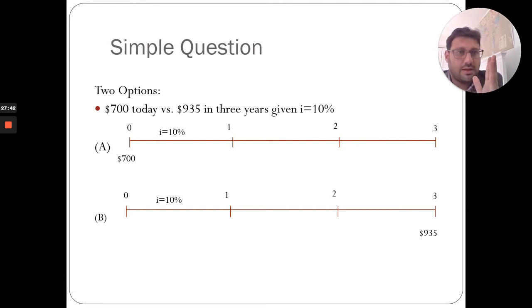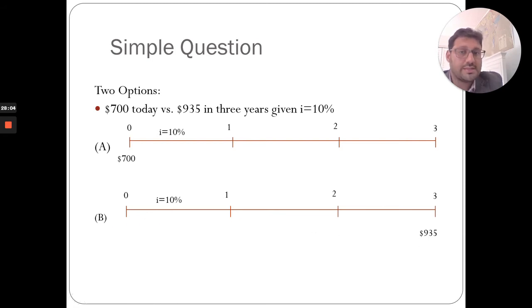Remember, you can only make sound financial decisions if you revalue the cash flows involving different time periods at the same point in time. In the first one, we have the cash flows right at the beginning, 700. In the second one, we have the cash flows after 3 years.